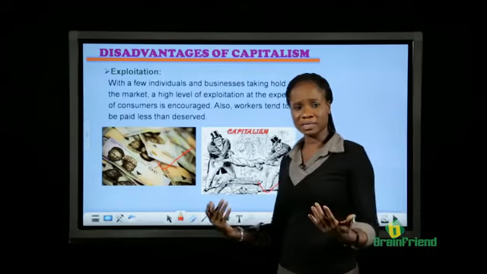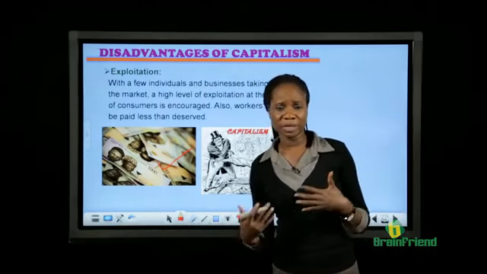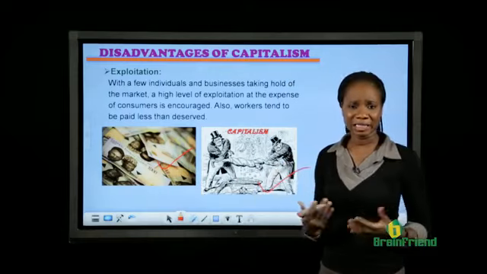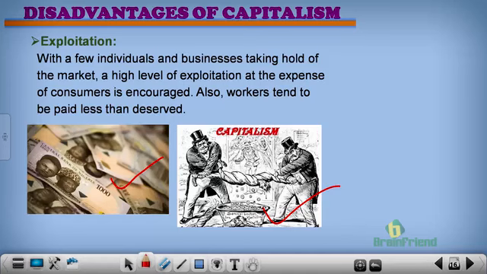For instance, because your goods or your product is needed and is in high demand, these producers or owners of businesses could just wake up one day and increase the prices of their goods, as a result exploiting the consumers. And so exploitation is one thing that is seen in a capitalist system, where those who are successful and who really do not have competitors close to them could just increase their prices at will.